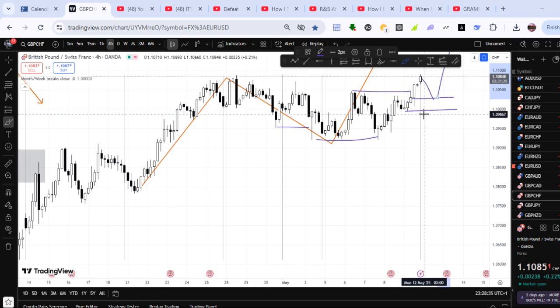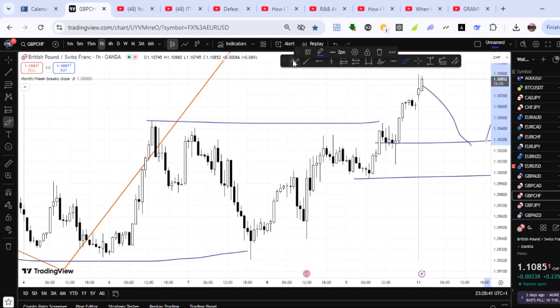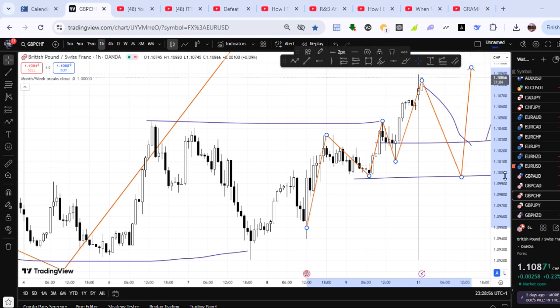That's what I'm looking out for, because this is the internal structure. Possibly around here we should have our longs, or a little bit of a liquidity grab should work for us. So that's what we should be looking out for.